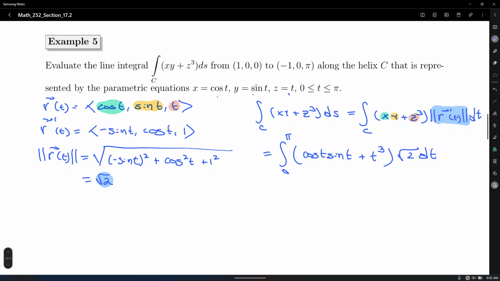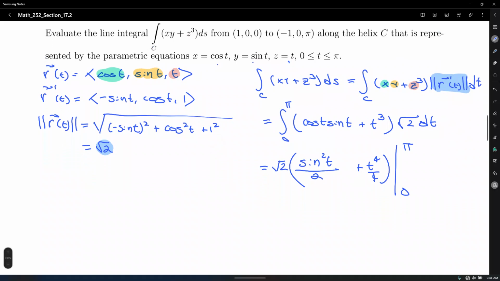How about instead make u equals sine, du would be cosine, which is already there. That would be simply sine squared t over 2 plus t to the fourth over 4, but don't forget to multiply everything by the square root of 2, and evaluate this between 0 and pi.